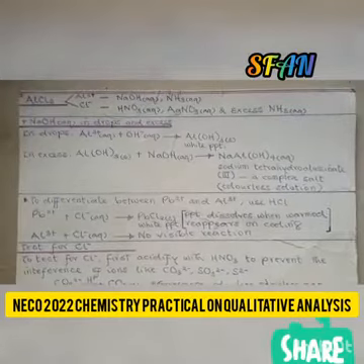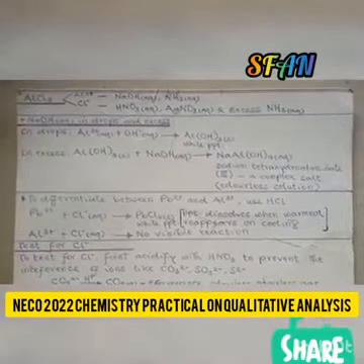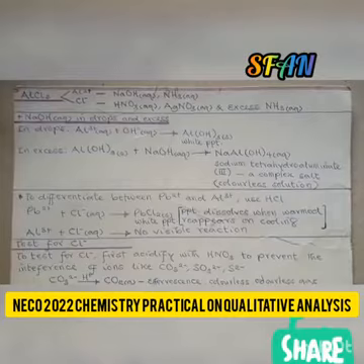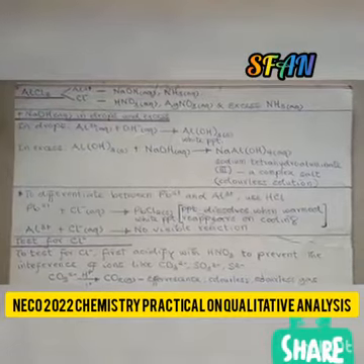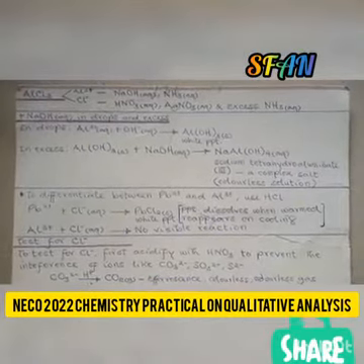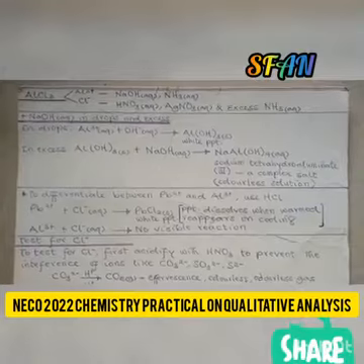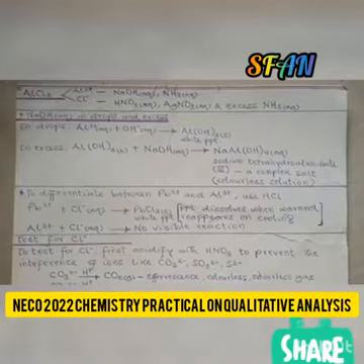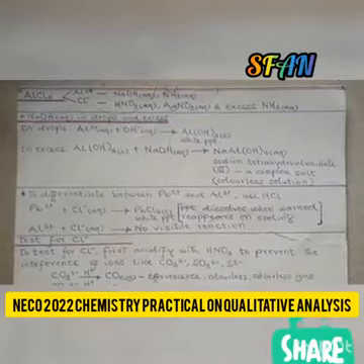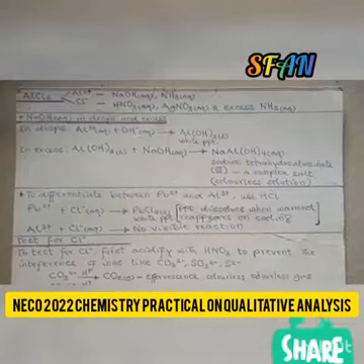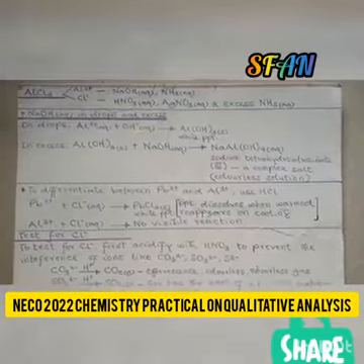This is for the analysis. The previous one is for the analysis of zinc carbonate, and this particular one is for the analysis of aluminum chloride. Remember, aluminum chloride contains Al³⁺ and chloride ion.